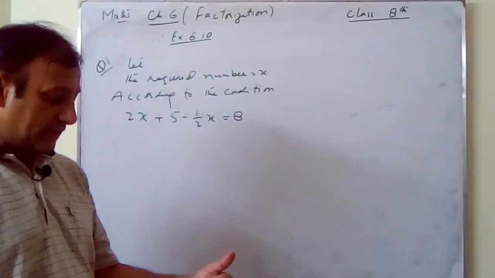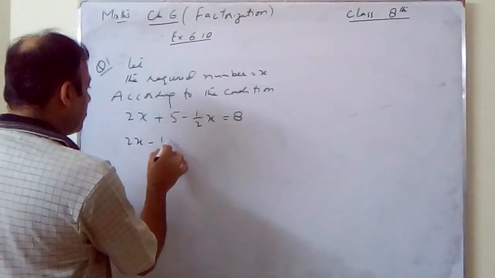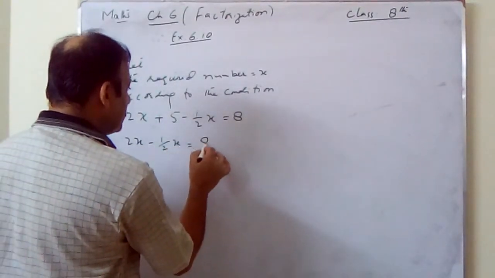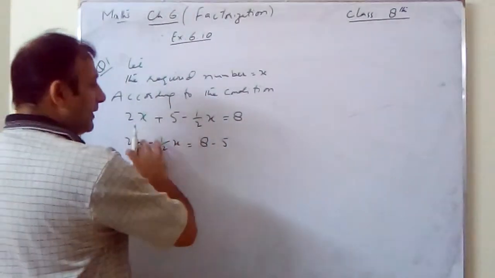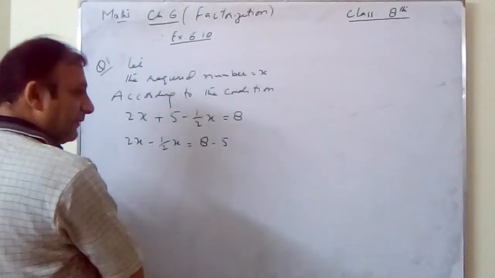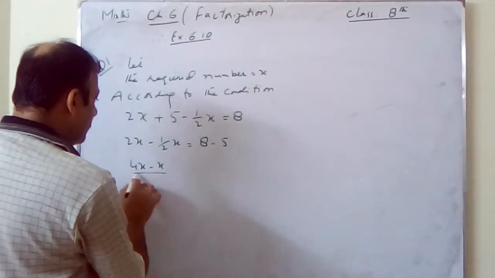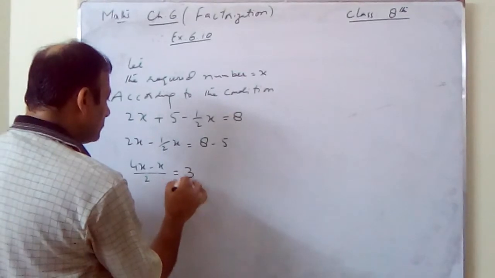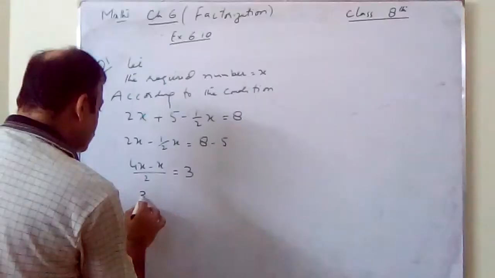Finally he got the answer 8. Now first of all, 2x minus 1 over 2 x is equal to 8 minus 5. Combine these two and take this 5 from left to right. Simplify these two. LCM: 4x minus x divided by 2 is equal to 3. 4x minus x, 3x by 2.